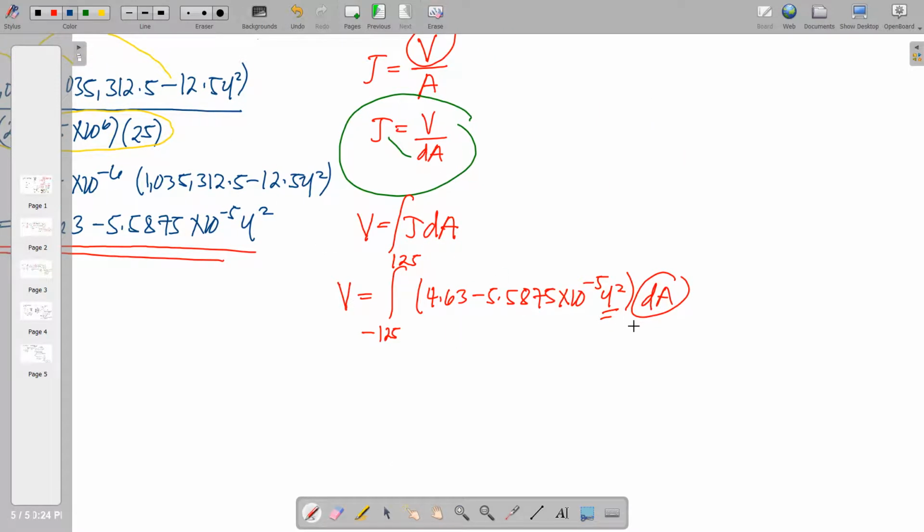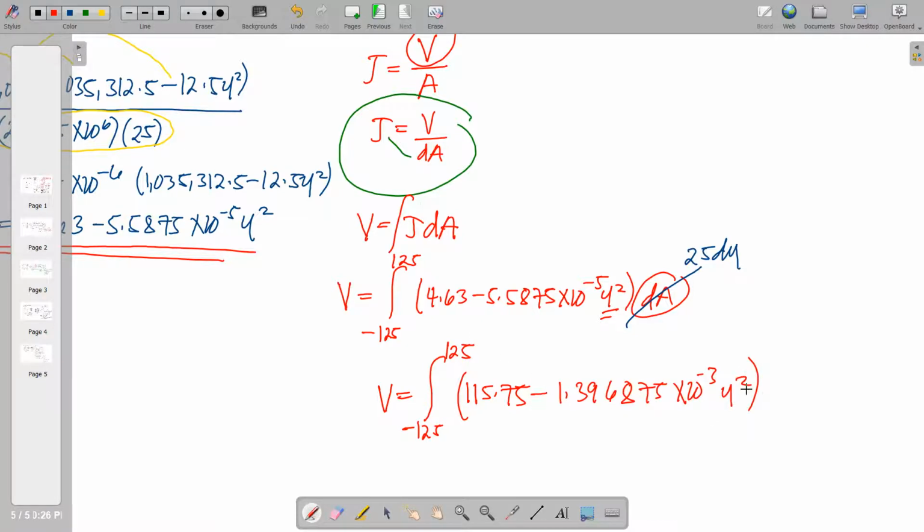So let us place it in here. This is 25 times dy. So this 25 here shall be distributed to the terms inside the equation. So we just copy the integrand. So the first term becomes 115.75 minus the second term times dy.